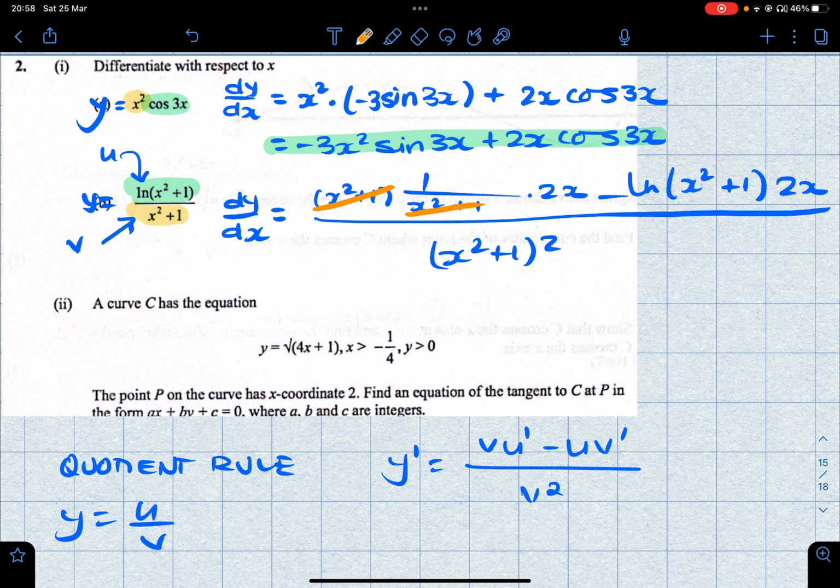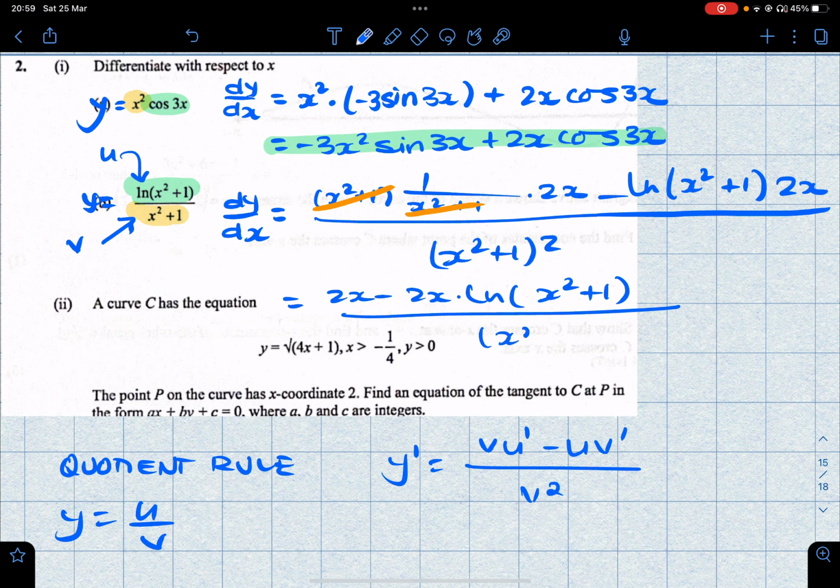And you end up with 2x minus 2x ln x squared plus 1 divided by x squared plus 1 squared. So that's your answer to part B.